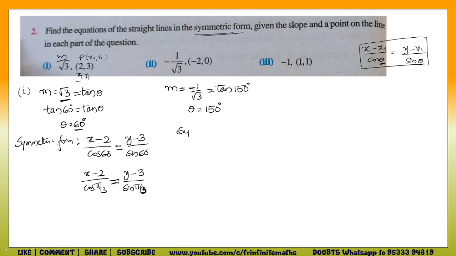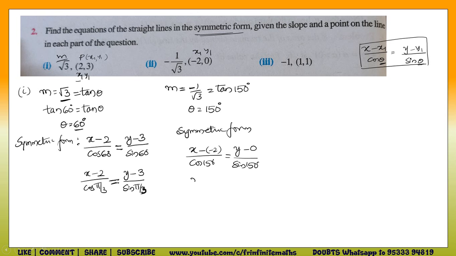Now writing down the symmetric form of this particular equation. This is x1 and this is y1. So I can write this as (x minus x1), so what is x1? (x minus of minus 2) by cos theta, so cos 150 degrees, is equal to (y minus y1), so y1 is 0, by sin 150 degrees.